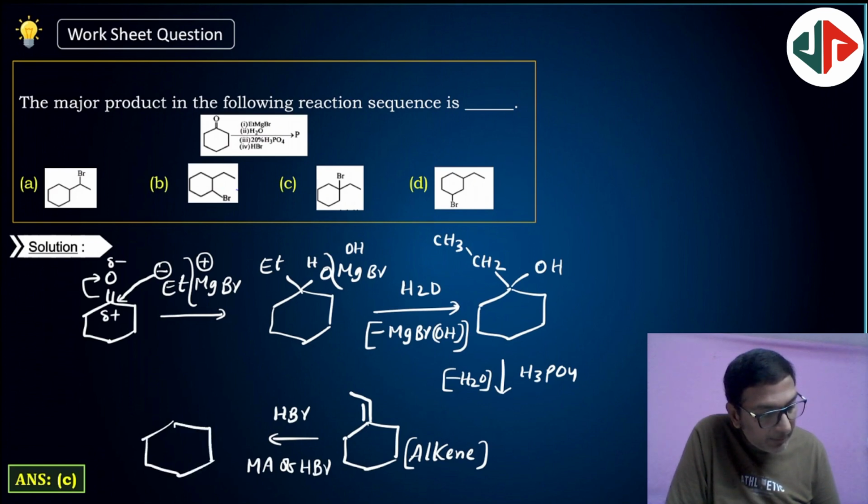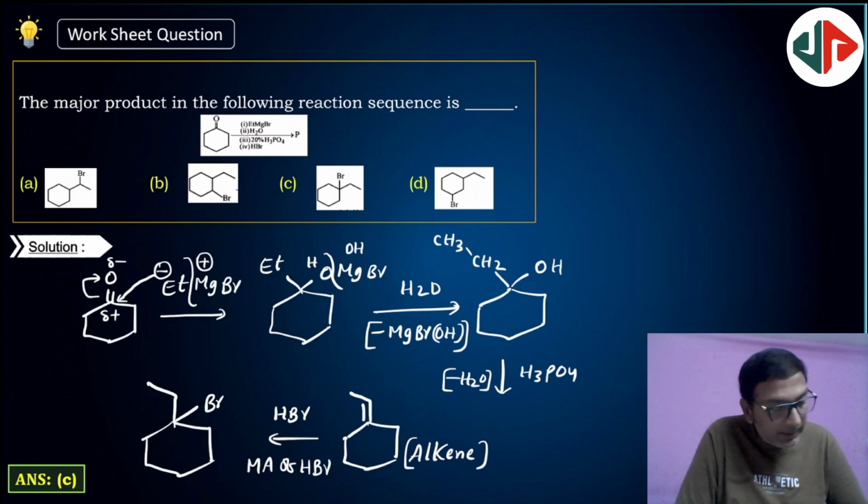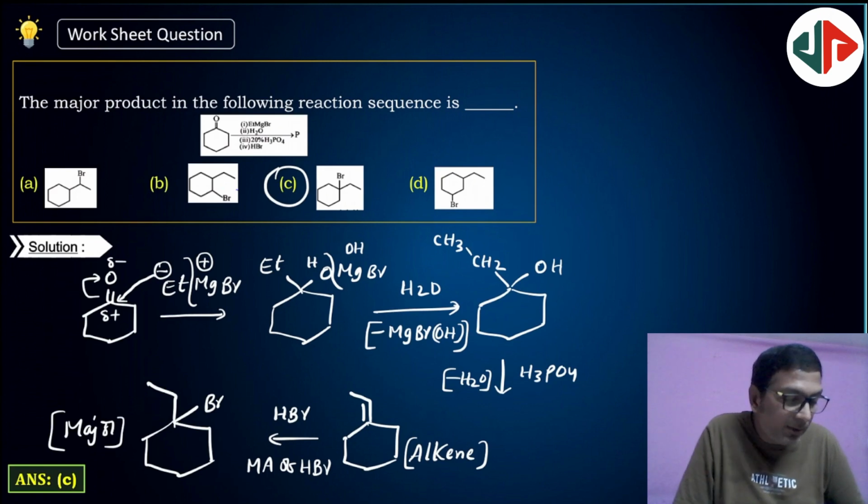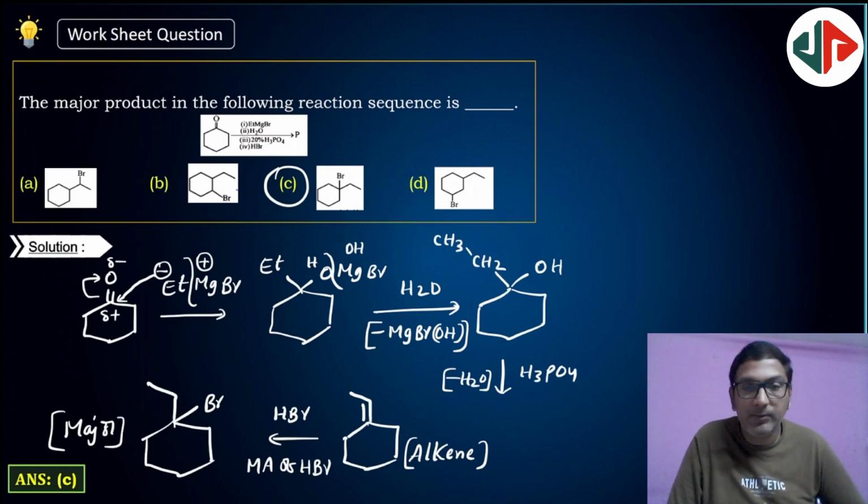So the final compound will be like this. Here Br will come. So check the compound. Option C. This is major. So first nucleophilic addition followed by hydrolysis. Next dehydration. Next electrophilic addition, Markovnikov's addition of HBr.